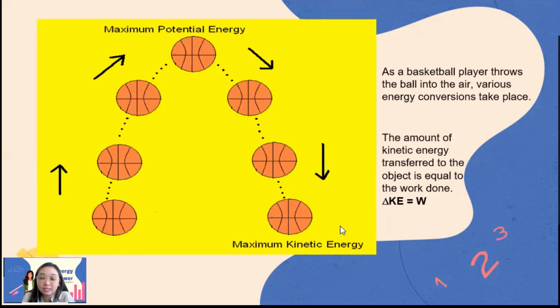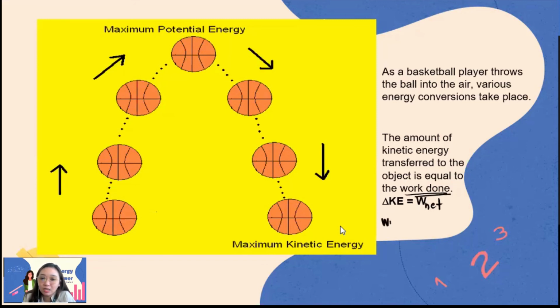Initially, if an object is at rest, it has potential energy. And then kapag nag-apply ka ng force, magbabago yung state niya. Okay? Pag nagbago yung state niya, yung energy na meron yung object na yon, nagiging kinetic energy. Okay? The amount of kinetic energy transferred to an object is equal to its work done. So habang nagbabago yung kinetic energy mo, given delta KE, mako-compute mo din yung value ng work done by the object.